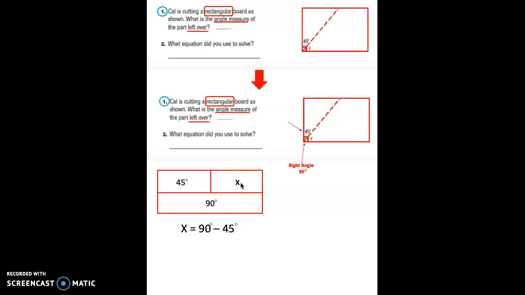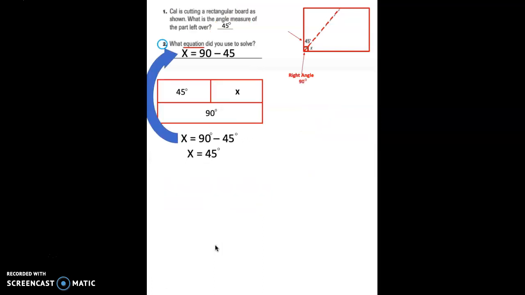Next, I'm going to write an equation to help me find the measure of X. X equals 90 degrees, our total, minus 45 degrees. And when I subtract, I get 45 degrees. That is the measure of the angle left over.